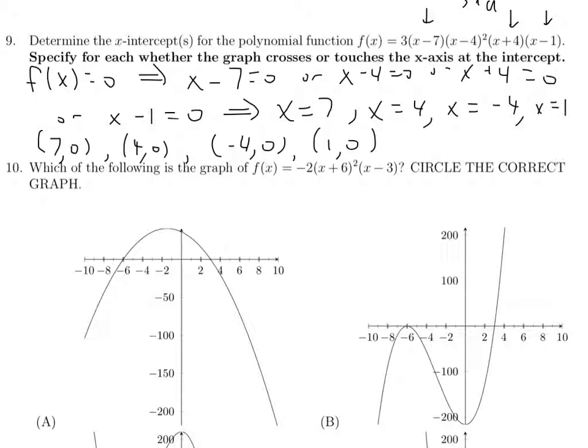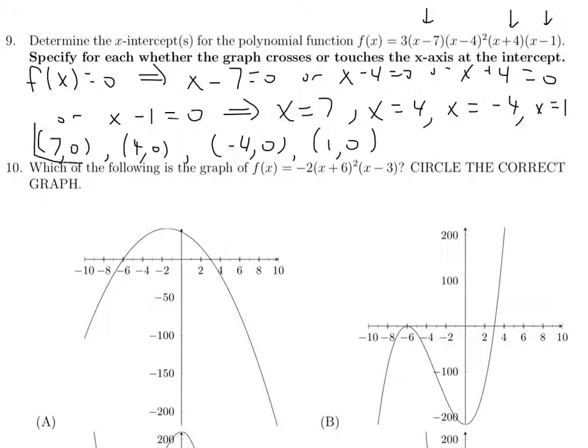I'm running out of room here again. So these factors have an odd power, and so an odd power indicates that the graph actually passes through the axis for those intercepts. So I'm just going to mark those on here.